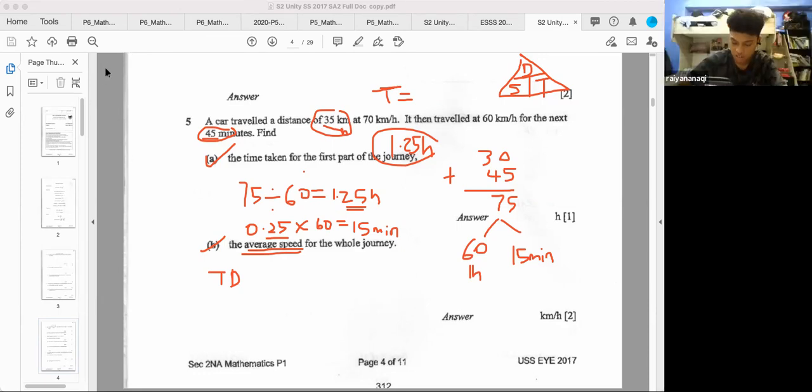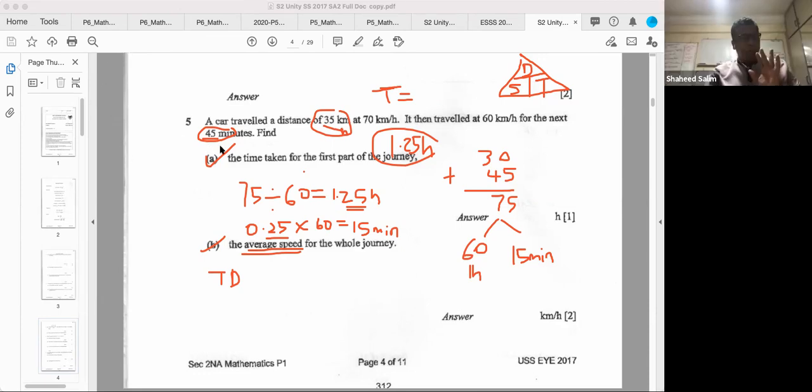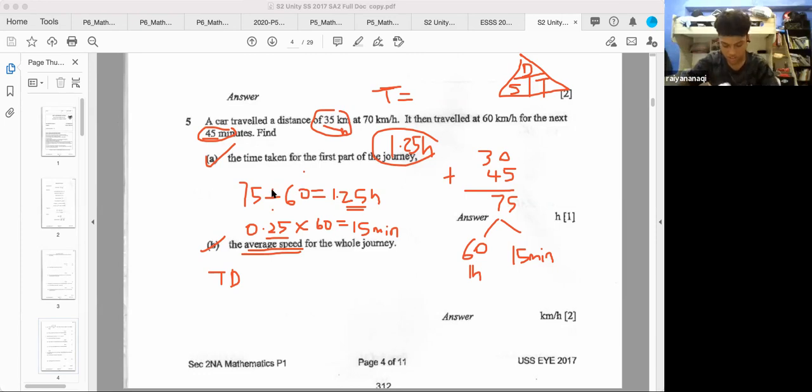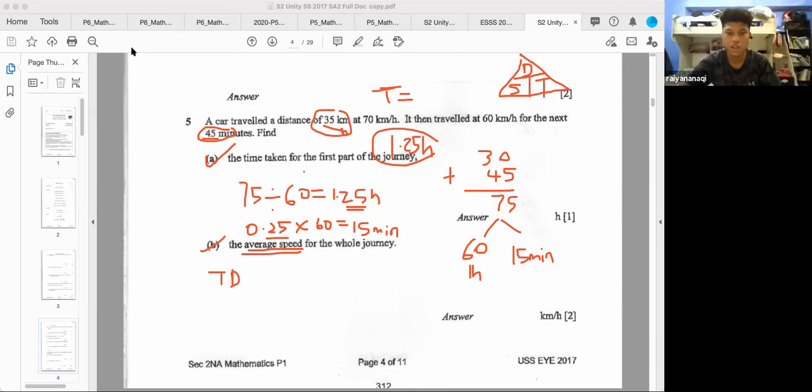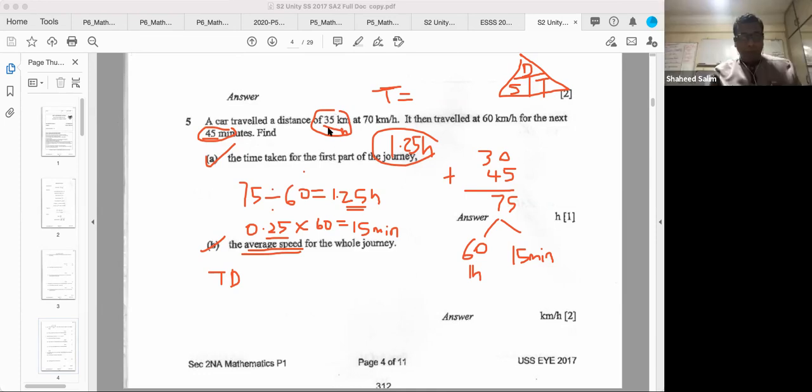Is it 1.8 kilometers per hour? Wait, hold on. What is your total distance? Wait, I did wrong. But total distance is 35 for the first part. Second part?